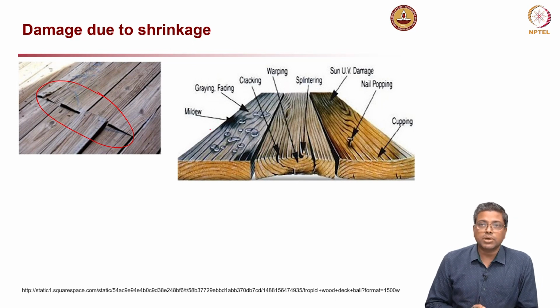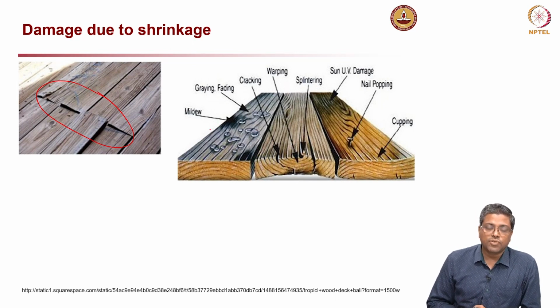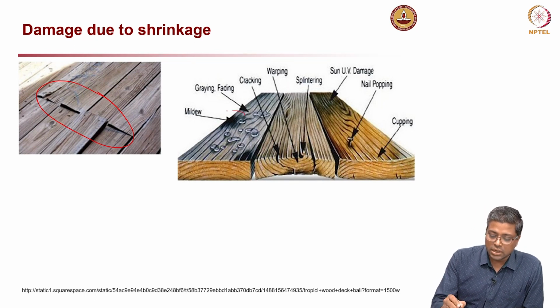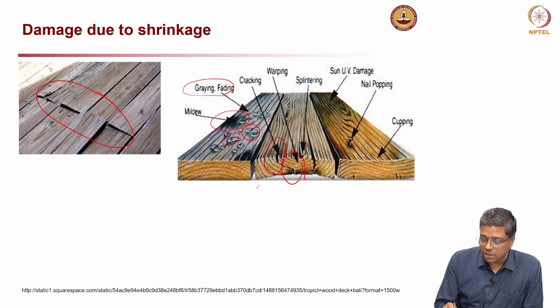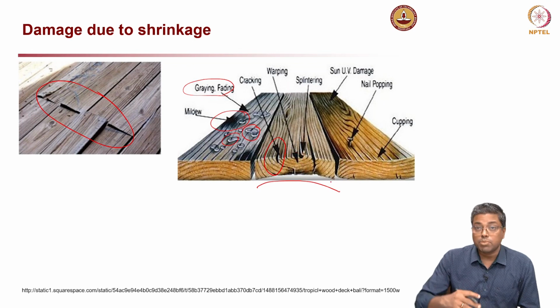The right side picture shows different problems experienced in such structures. You can see mildew or some fungal growth because of water droplets staying there, then color also starts changing, fading, and here you can see cracking, and here you can see warping. This wood has turned like this, it has warped, the shape has changed.